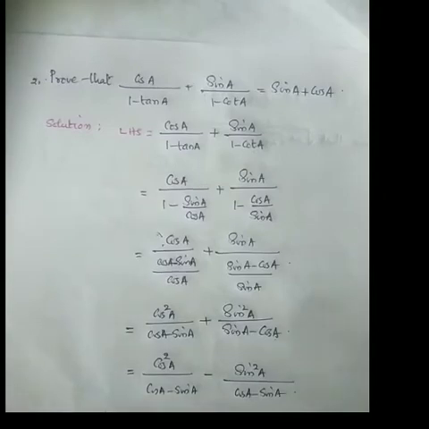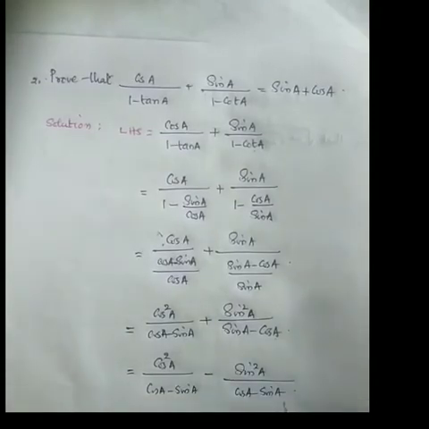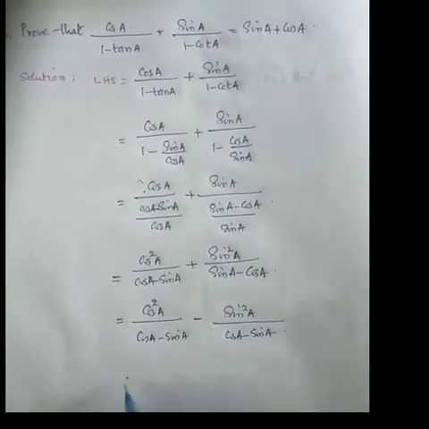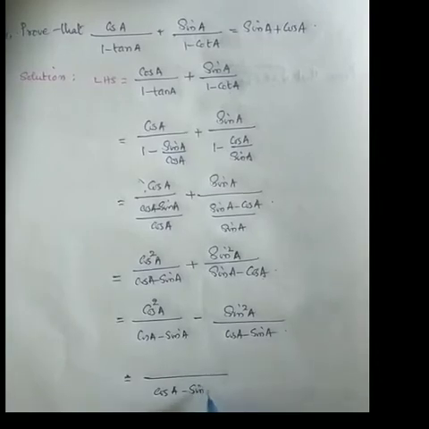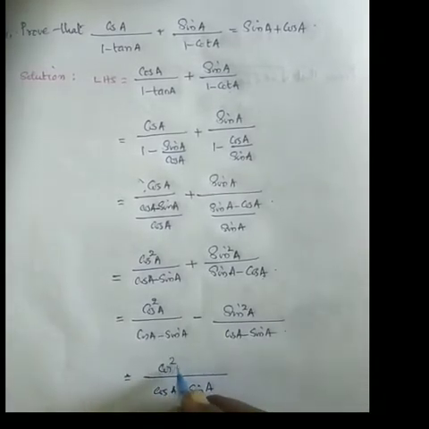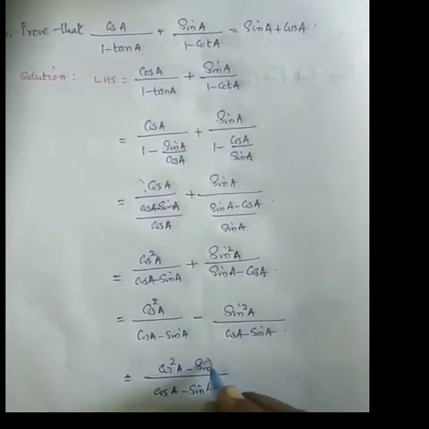Taking cos A minus sin A as the LCM, the numerator becomes cos square A minus sin square A.